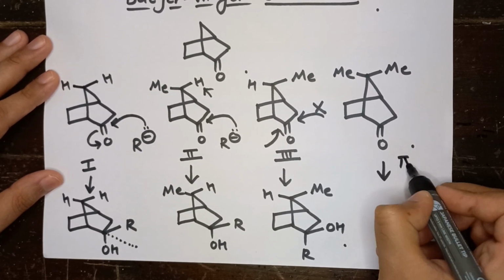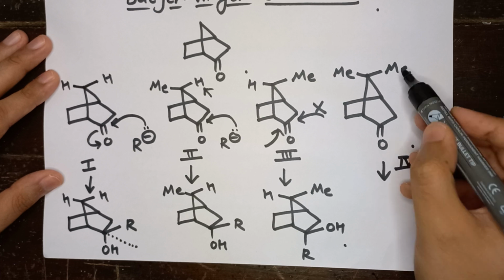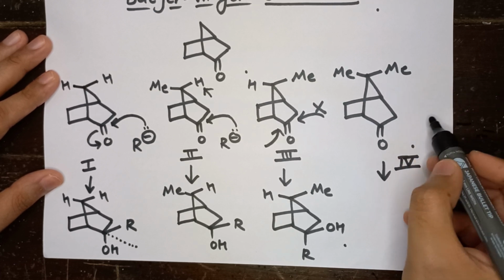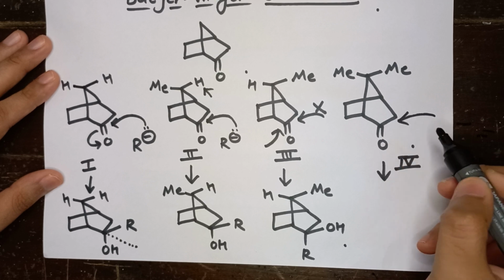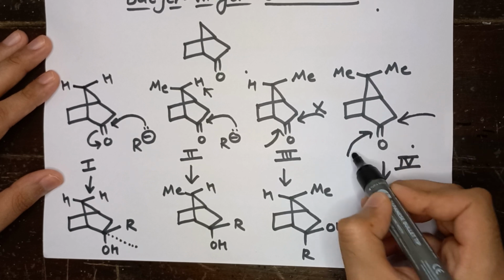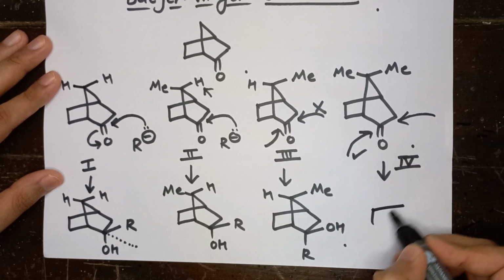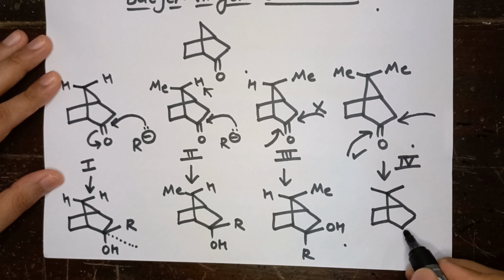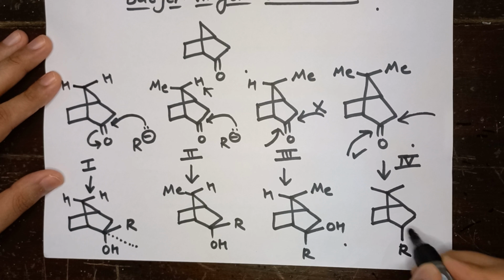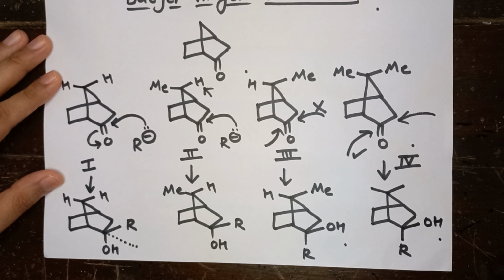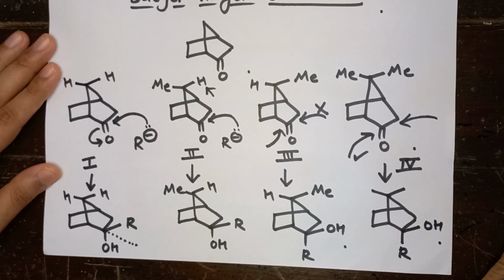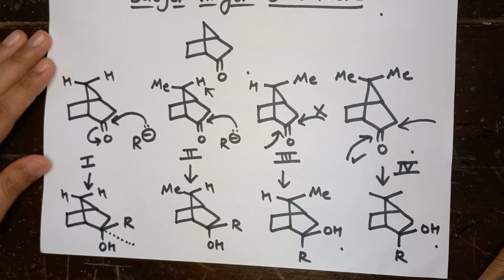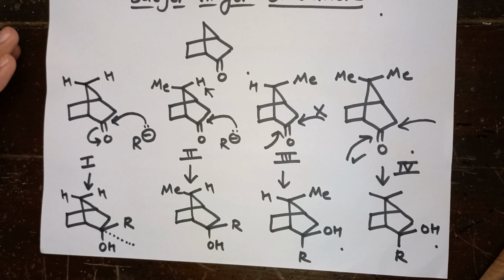Similarly, in the fourth case, the methyl group present at the right side will not allow the R minus to come from the right side, so it has to come from below the plane and the product will be: we have a methyl, R is coming from down and OH will be up. So this is a basic concept which you need to know before I move on to the next slide.